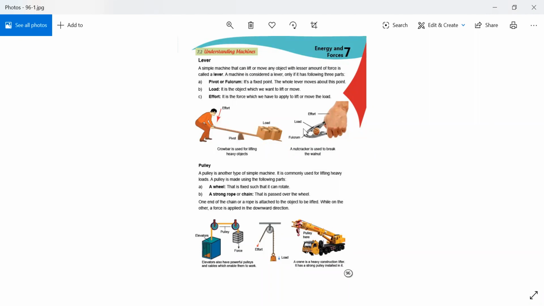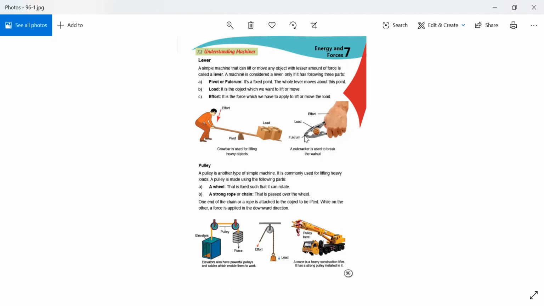In this machine, we can call this a lever. So this is a pivot or fulcrum. You can call it pivot or fulcrum this way. It makes the lever move. Second is load.